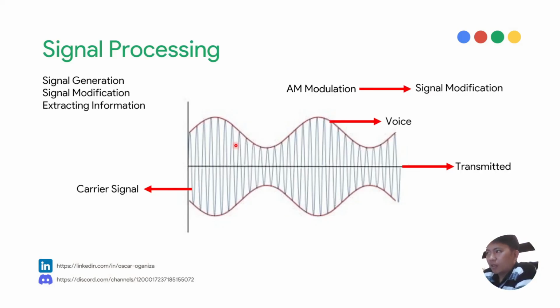So basically, signal generation is being done by humans or by computers. For example, when we talk, when we speak with each other, there is a voice or signal that is being generated. Over the phone, when we talk to someone, we transmit a voice or signal. Then it goes through some sort of modification or modulation to improve the quality of the voice.